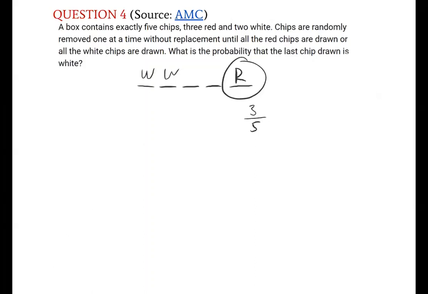So even if you draw a white, you still satisfy the condition, since you stop after drawing all white chips or red. So yeah, the answer is 3/5.